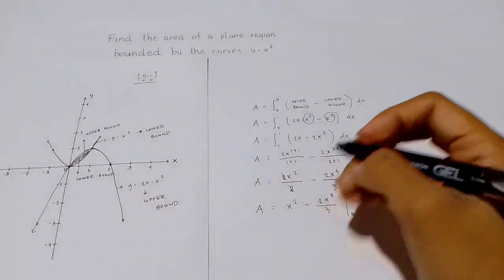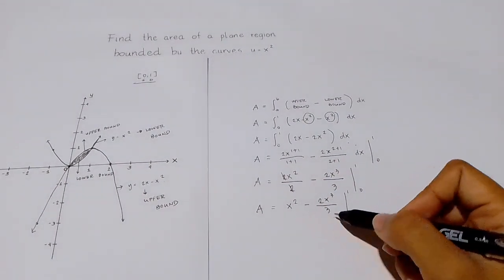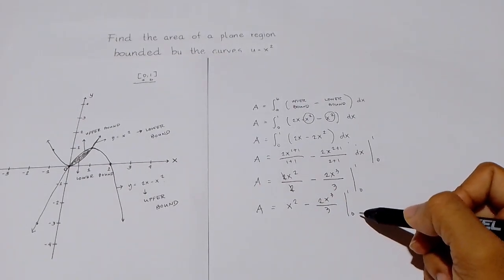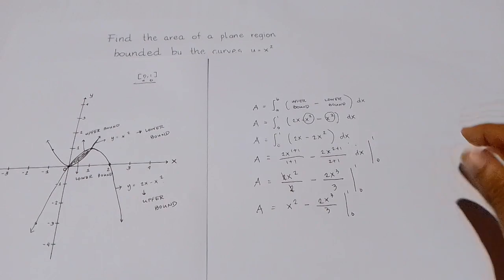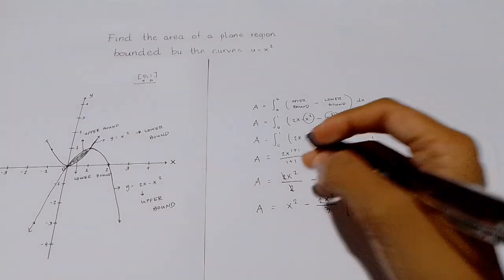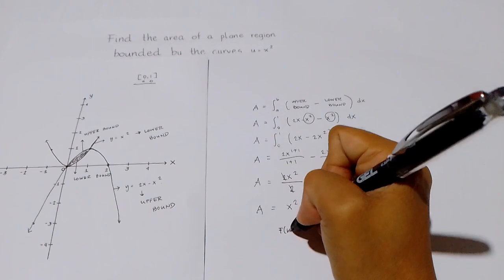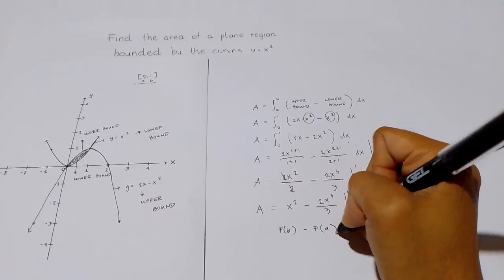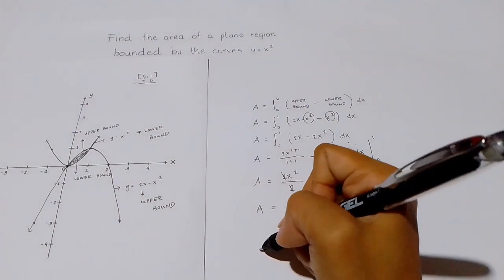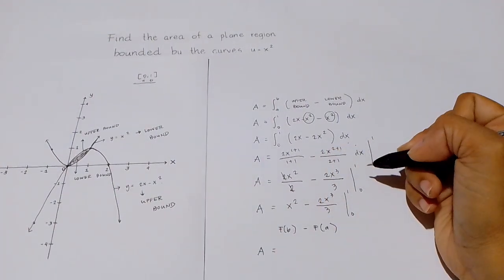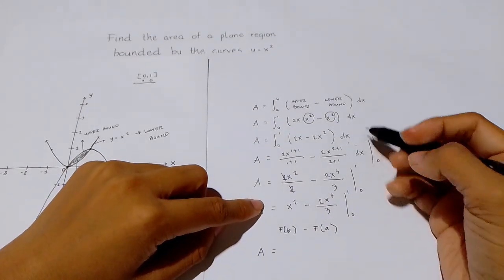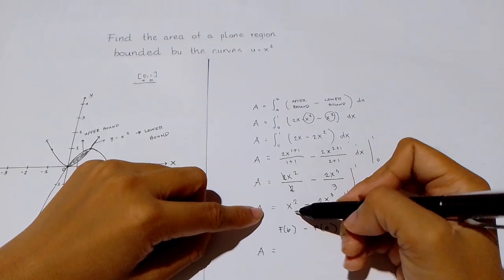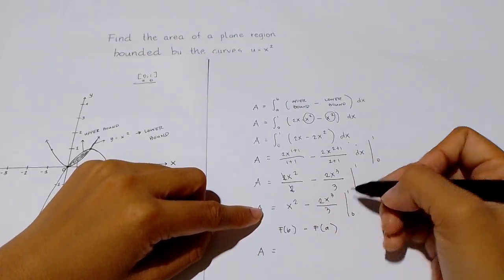Now let's evaluate this equation at 1 and at 0. So we will apply f of b minus f of a. We just substitute the value of 1 for our x variable.